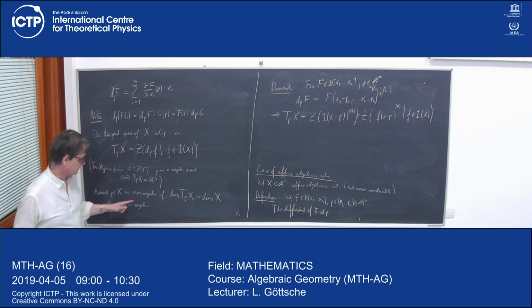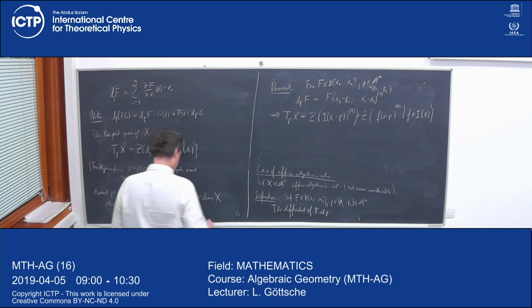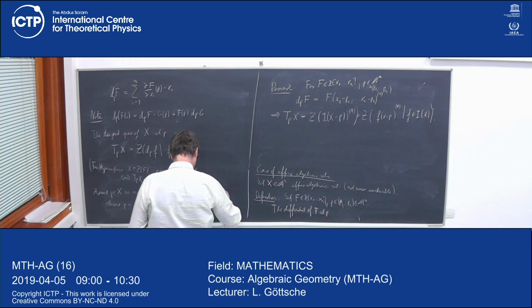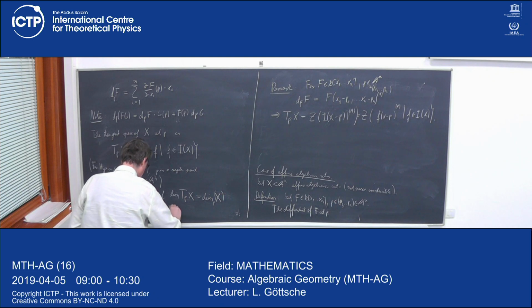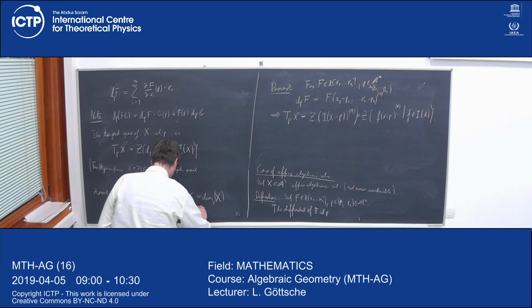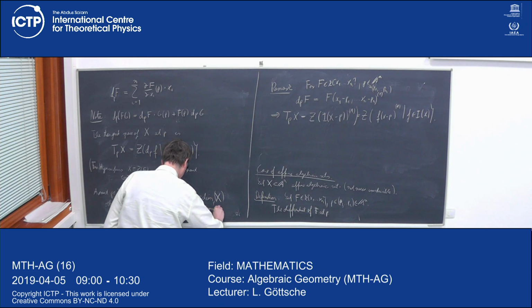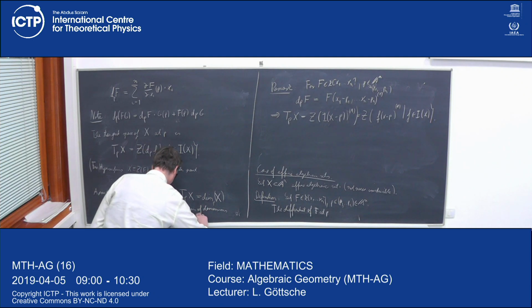Here I said the point p in X is non-singular if the dimension of the tangent space is equal to the dimension of X. But I would want to say it's equal to the dimension of X at p, where the dimension is equal to the maximum of the dimensions of the components of X, of the irreducible components passing through p.